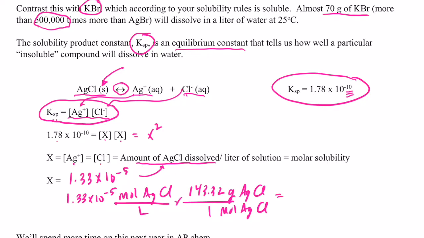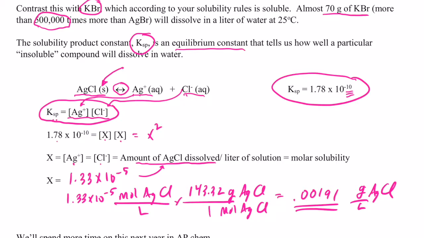So let's see what this would be, grams of silver chloride per liter. We have 1.33 E to the negative 5th times 143.32, and we end up with 0.00191 grams of silver chloride will actually dissolve in a liter of water. That's about 2 milligrams of AgCl per liter.